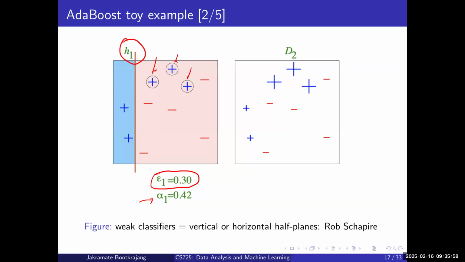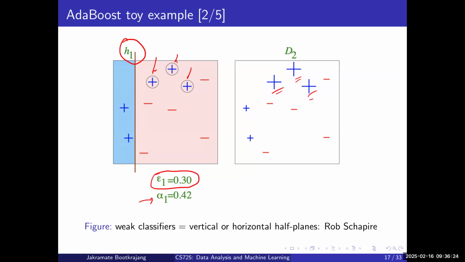So our classifier is okay. It's not perfect, but at least it gets us about 70% accuracy, which is better than chance. And because these 3 examples are predicted incorrectly, when you want to create the next classifier, these 3 will have a higher weight.